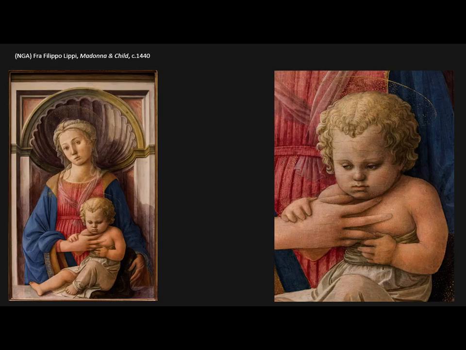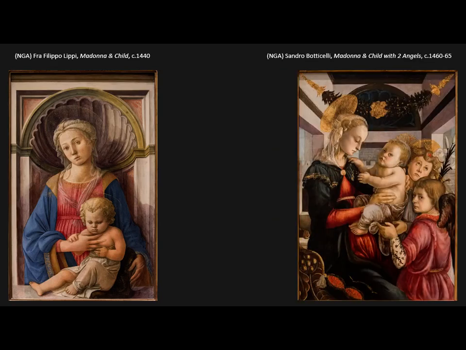Finally, for this part of the makeup lecture, we'll look at one more image of the Madonna and Child, also made in Florence, for this burgeoning market for images for private use. In this case, the Madonna and Child are accompanied by two angels in a painting by Alessandro Sandro Botticelli.